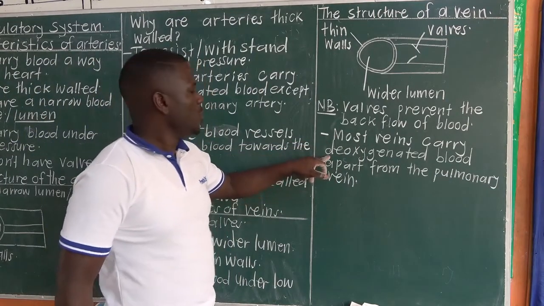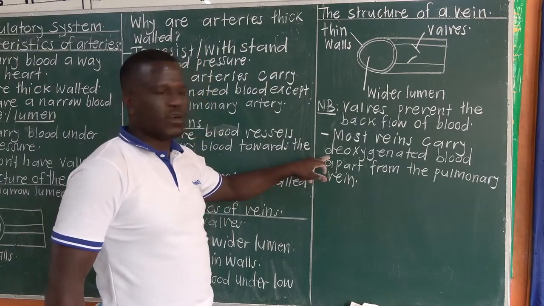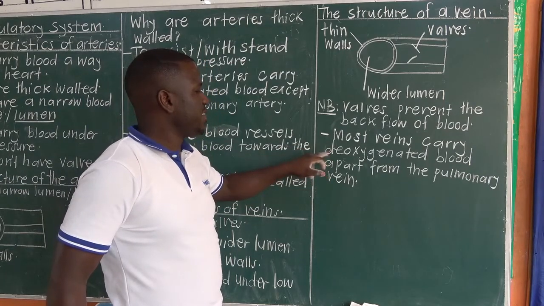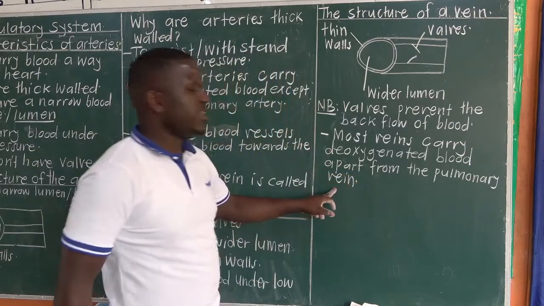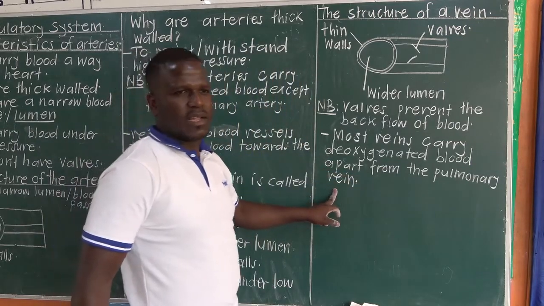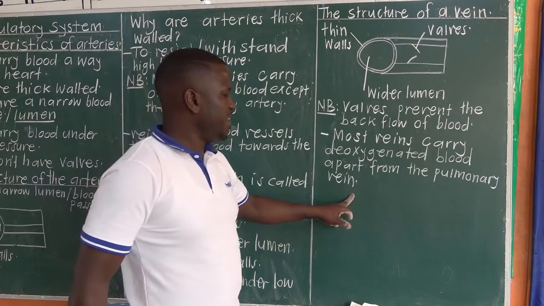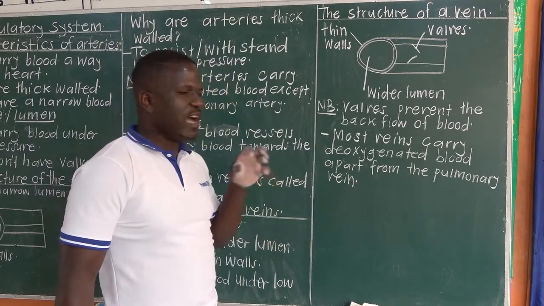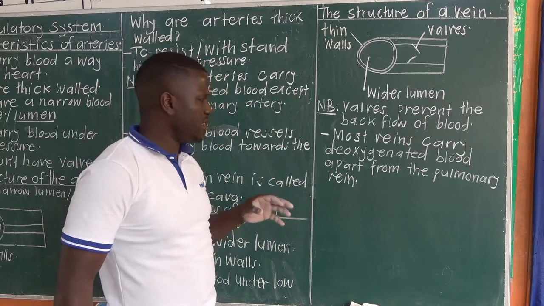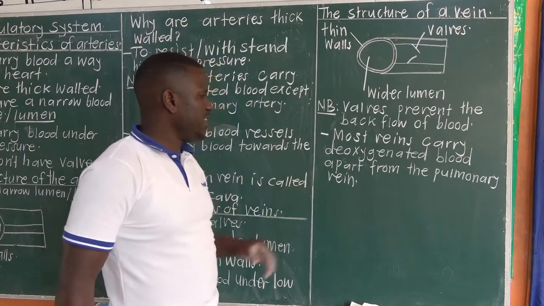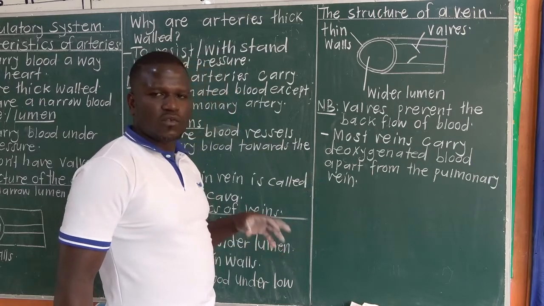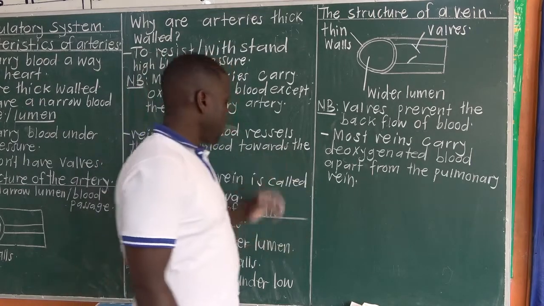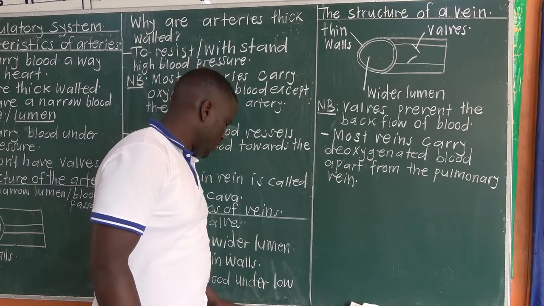I told you deoxygenated blood is blood without oxygen. So most veins carry deoxygenated blood apart from the pulmonary vein, which carries oxygenated blood. Pulmonary vein is the only vein that carries oxygenated blood, but the rest of the veins, like the vena cava, carry deoxygenated blood. They carry blood without oxygen.